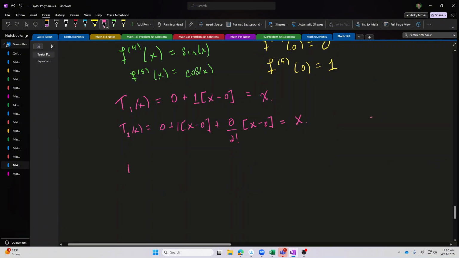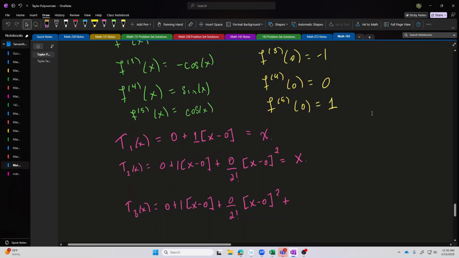The third degree Taylor polynomial is the same thing as the second degree Taylor polynomial with just one extra term: the output of the third derivative, here minus 1, divided by 3 factorial times 3 copies of x minus a. So after simplification, this becomes x minus x cubed over 3 factorial.